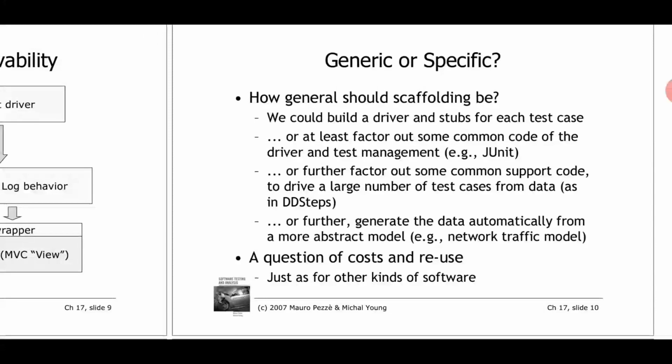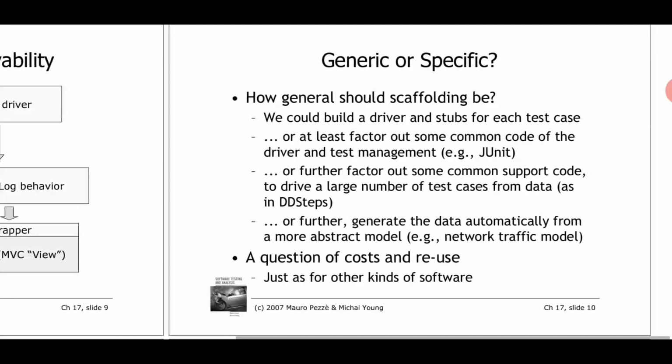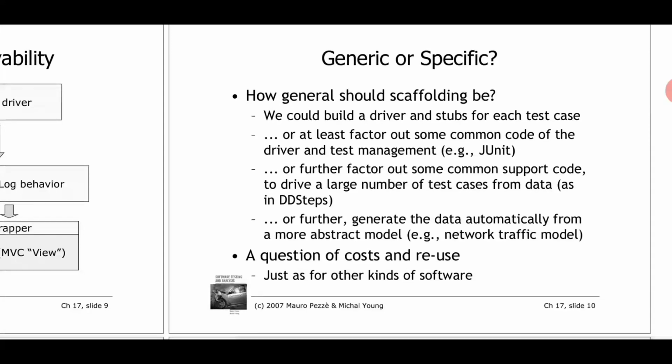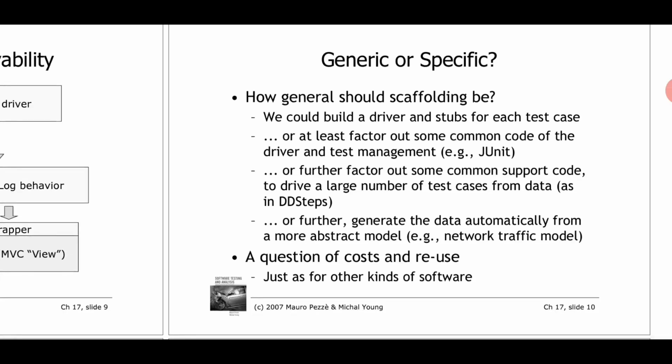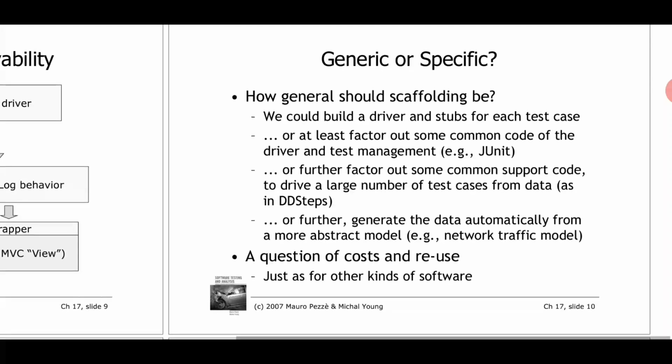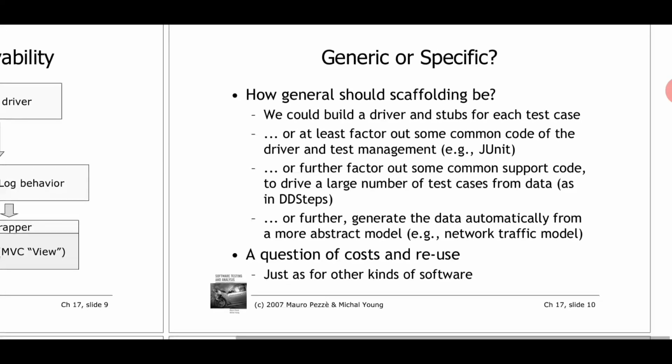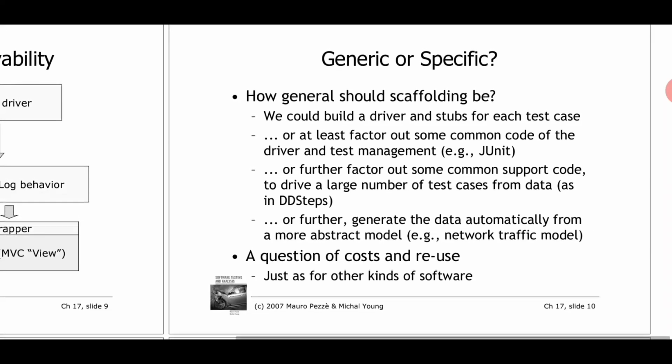The first is that we could build a driver and stubs for each test case. In another approach, at least we can build some common code for the driver and test management, a common support code to drive a large number of test cases, and generate data automatically from a more abstract model. These are all considered general scaffolding.